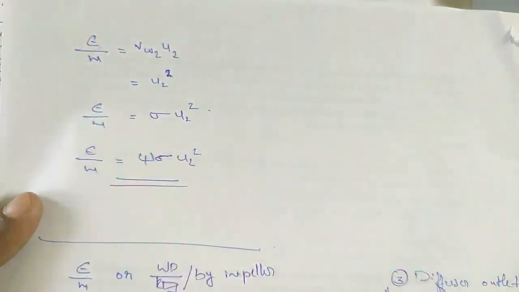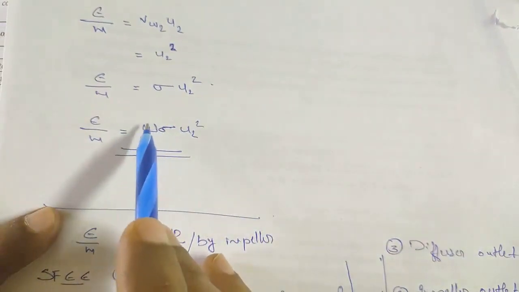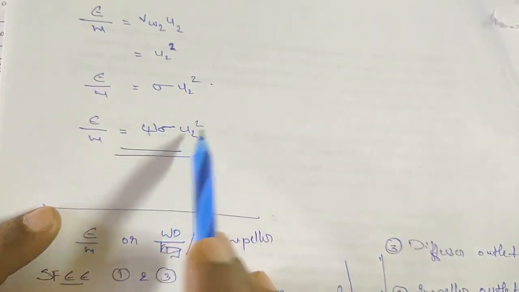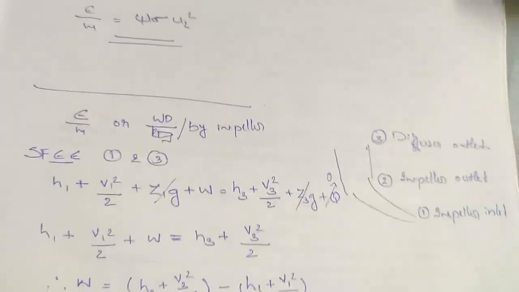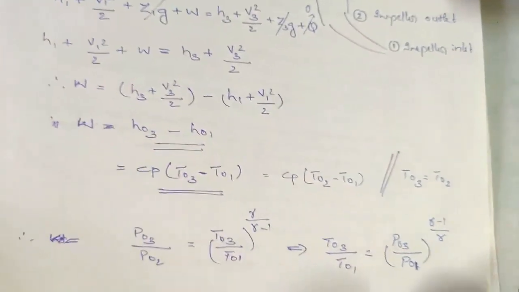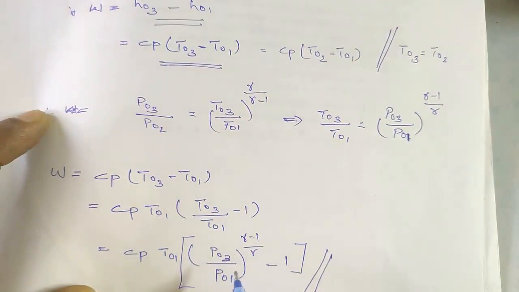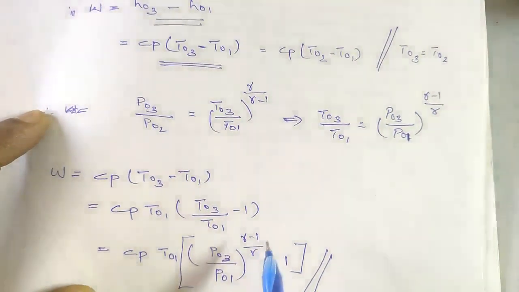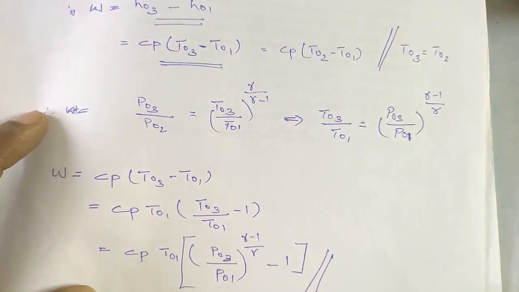If you consider the frictional factors also, then a power factor psi is introduced, giving psi sigma U2 square. This can be equated to H03 minus H01, or to Cp into T03 minus T01, or to Cp T01 times P03 by P01 raised to gamma minus 1 by gamma, minus 1. So these are the expressions for work done.